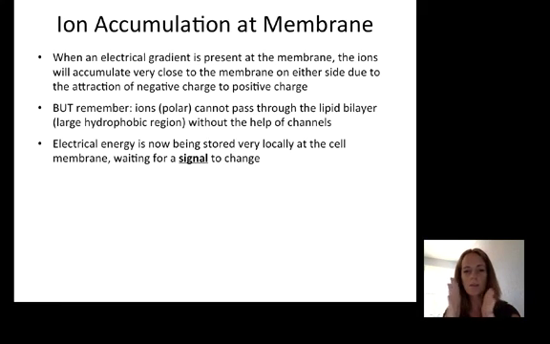It's going to continue to build, but it can't move because there's no channel for it. Now it's going to be in the signaling that we have, opening up these ion channels, where we will get electrical movement in and out of the cell. So these electrical ions are waiting, storing energy, waiting for some signal to change.